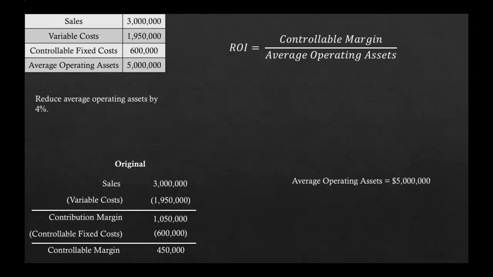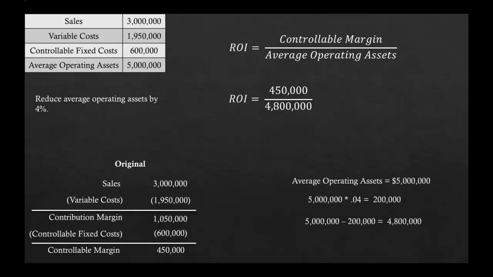Our average operating assets going into this were 5 million. 4% of 5 million is 200,000. So we need to decrease our average operating assets by 200,000. So 5 million minus 200,000 equals 4,800,000. That's your new average operating assets amount.